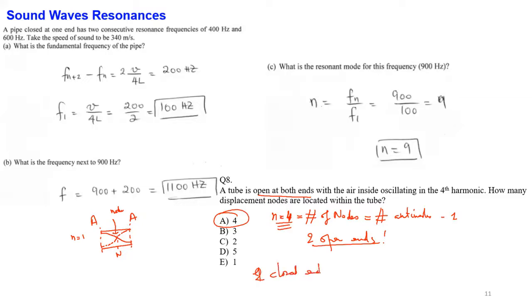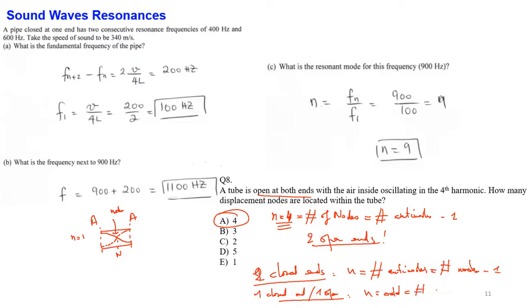If I had a tube with 2 closed ends, now n will be the number of antinodes, which is the number of nodes minus 1. So be careful with that. Of course, if I have 1 closed end and 1 open end, n is odd first, that's number 1.